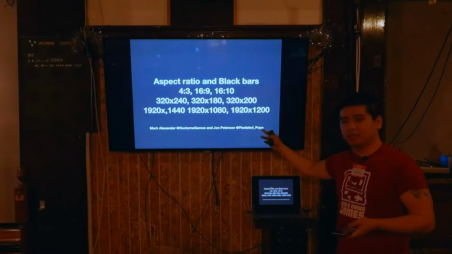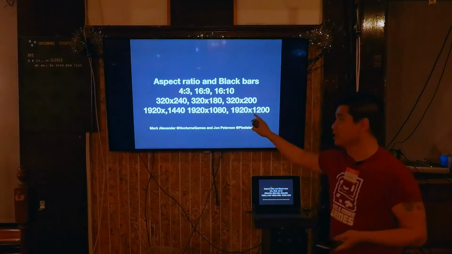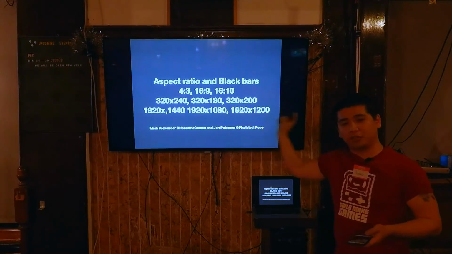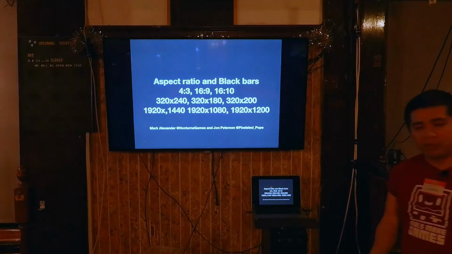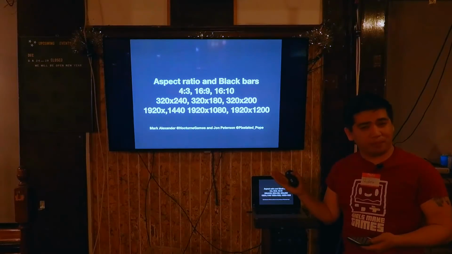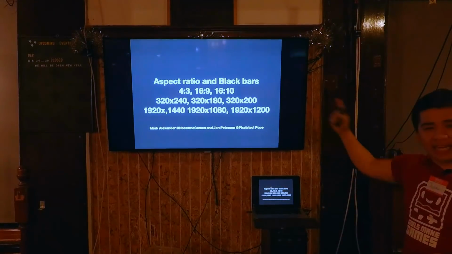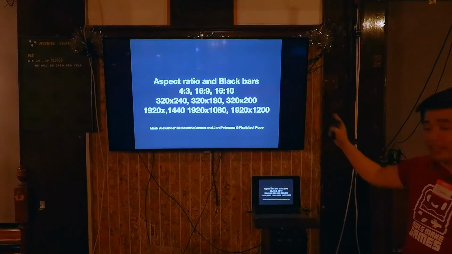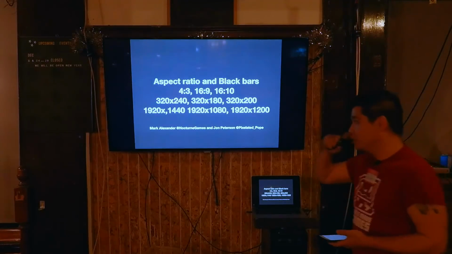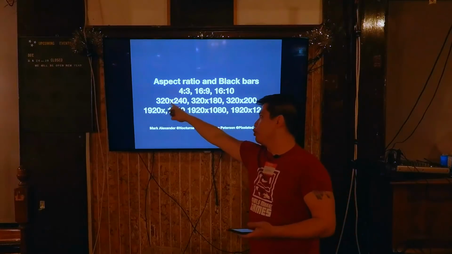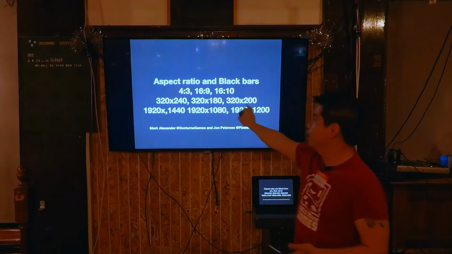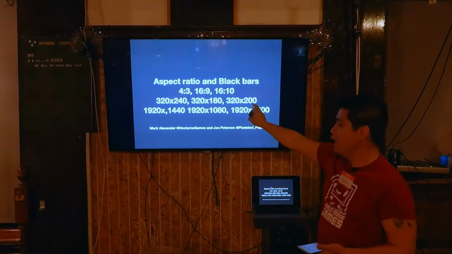These slides are created in a 4x3 ratio, actually. Hence, these black bars either side of the screen. Which, to be honest, probably isn't a problem for most people if I hadn't pointed that out. But now I've pointed that out, it's glaringly obvious this doesn't fill the whole screen. So 4x3 looks like a 320 by 240 display. 320 wide in 16 by 9 is 180, and in 16 by 10 it's 200.